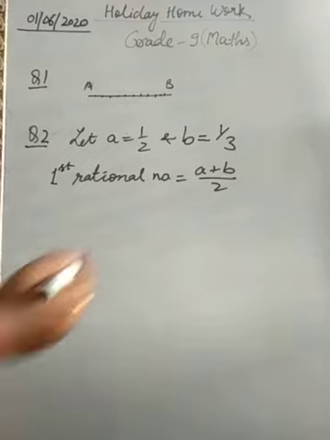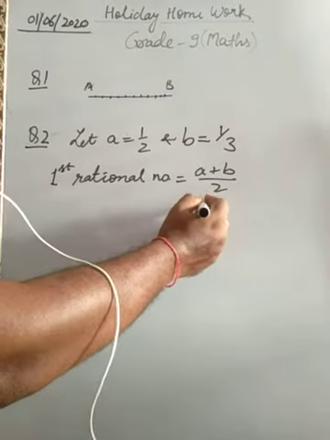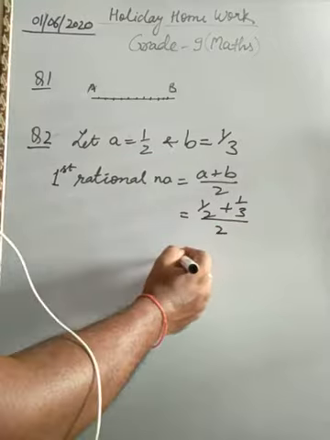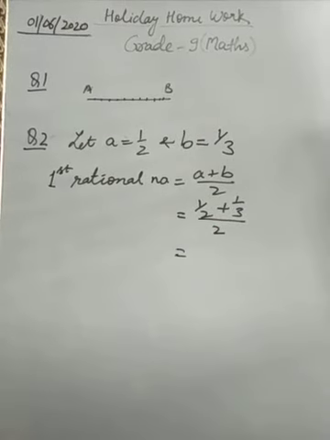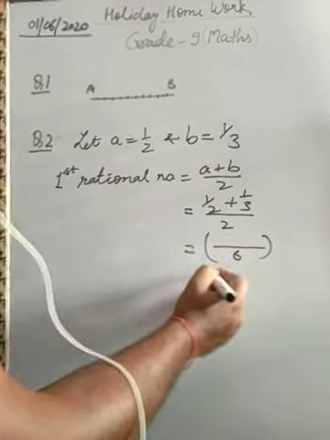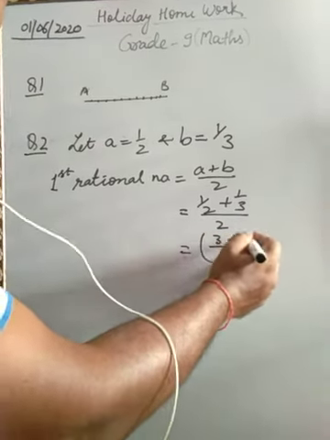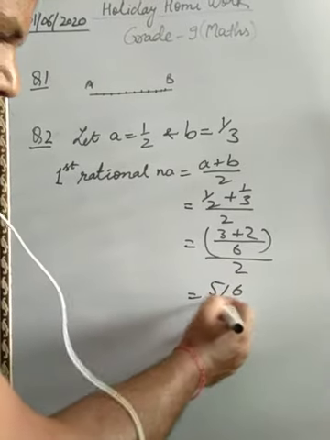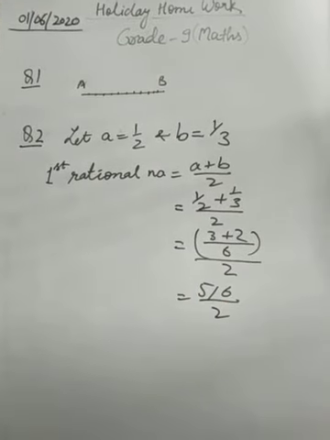This is the method. So, (1 upon 2 plus 1 upon 3) upon 2, and this numerator will be (3 plus 2) upon 6 upon 2.